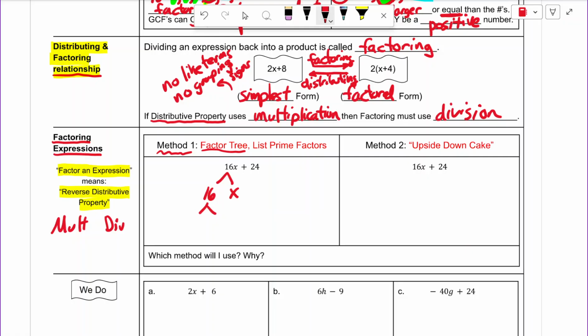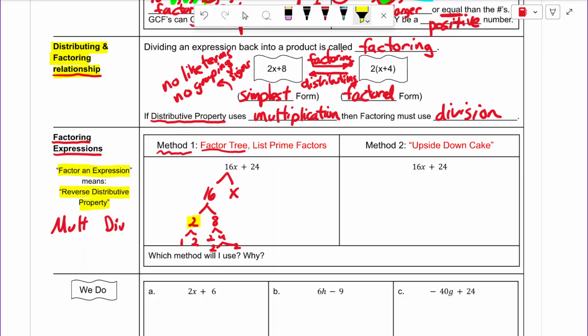But we're going to do 2 times 8, and then 2 is going down to 1 times 2. 8, however, is 2 times 4, and 4 is 2 times 2. Now, I ran out of room here, but what we want to do is look for the end of the road. And so we can see we didn't have to go down to the 1 times 2. 2 is a prime number, so we stop there.